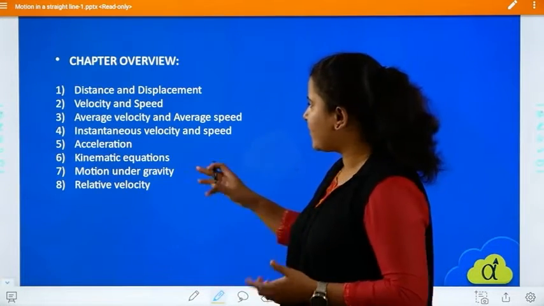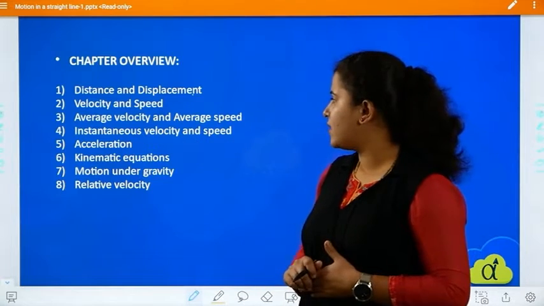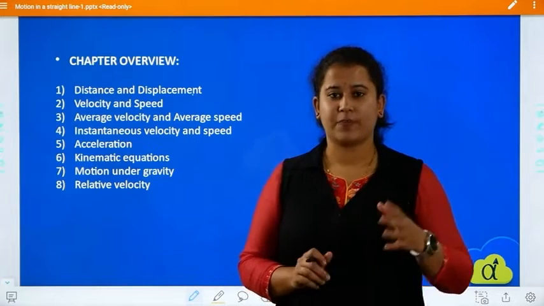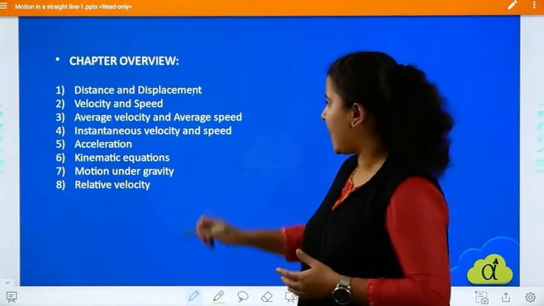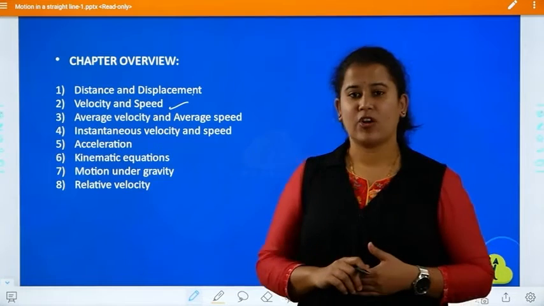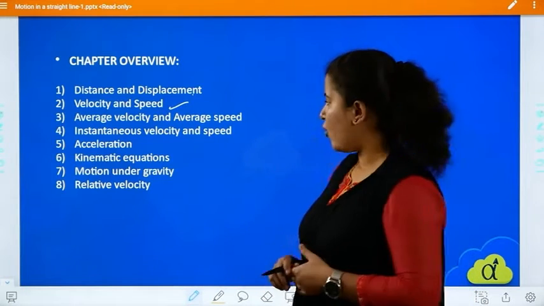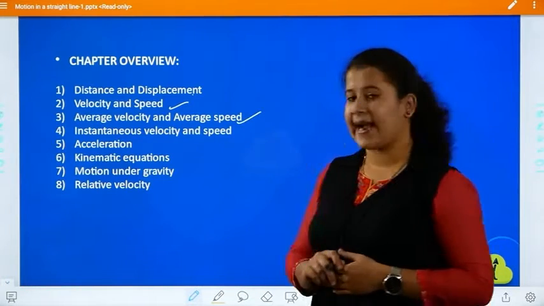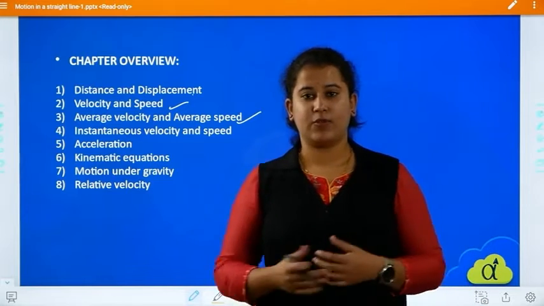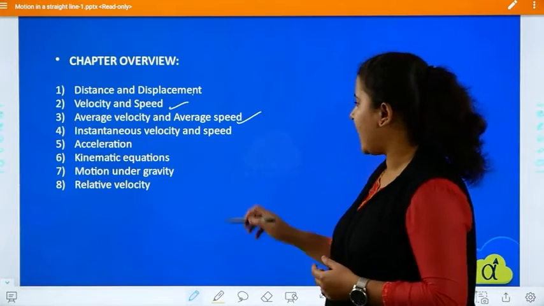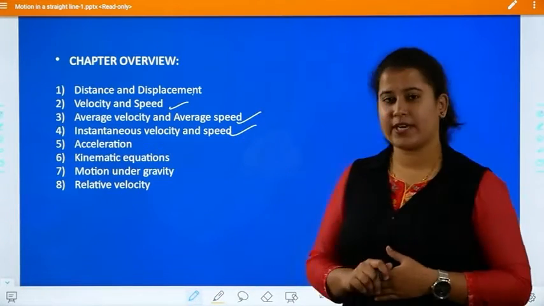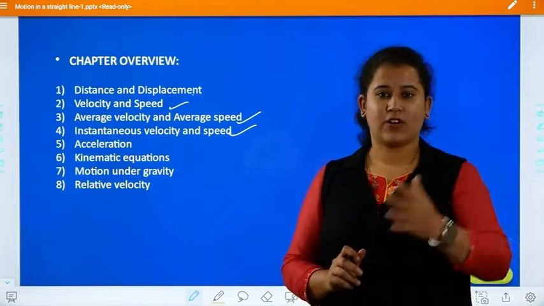Coming to the first thing, we'll be studying distance and displacement, and then velocity and speed, and also average velocity and average speed, because both are different. Then we have instantaneous velocity and speed. These are also different, they are not the same.